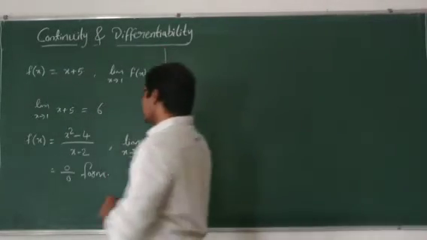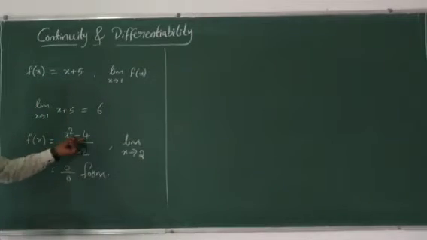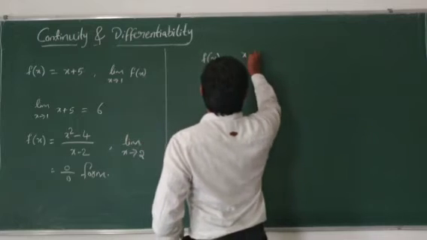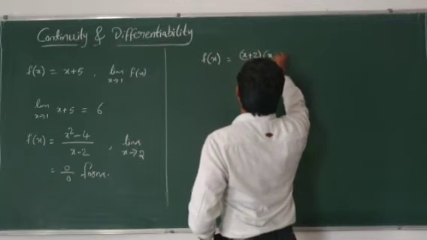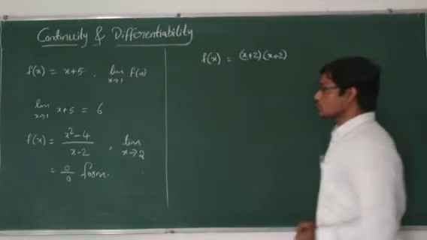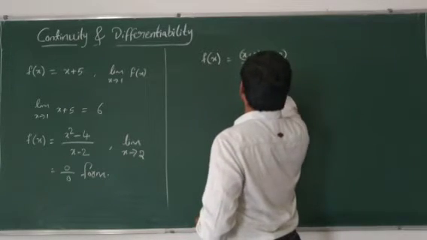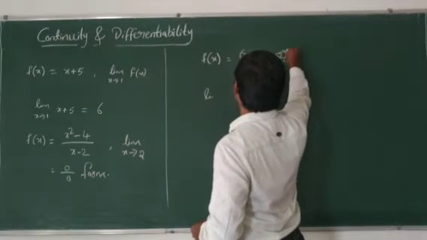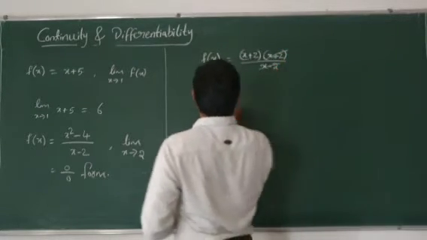What is that other method? We can write x square minus 4 as x plus 2 into x minus 2. Denominator will be same. Now, if you observe, you can cancel x minus 2.